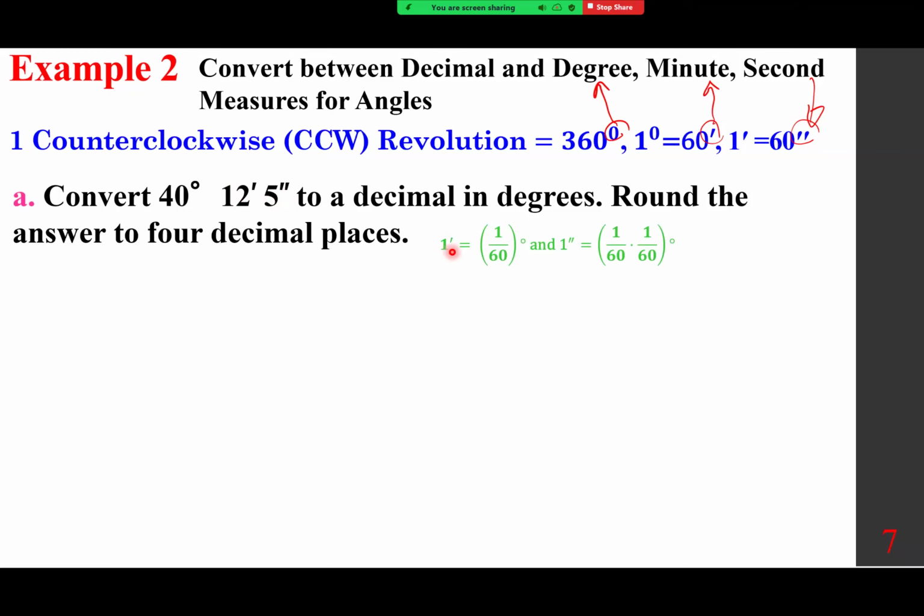So 1 minute is 1/60 degrees. 1 second is 1/60 times 1/60.